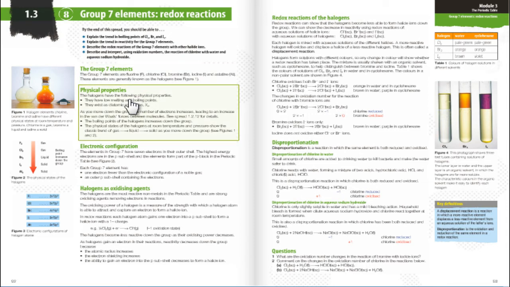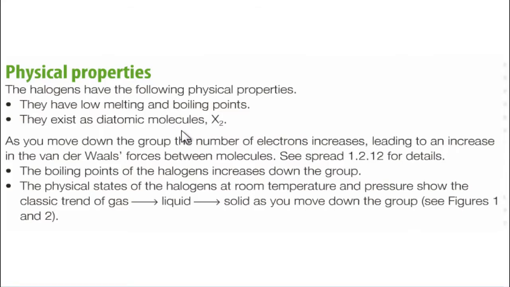So now we're moving on to group 7. Group 7 is from fluorine all the way down to iodine. So their physical properties are they have low melting and boiling points, and they exist as gaseous diatomic molecules, or X2, so X subscript 2.